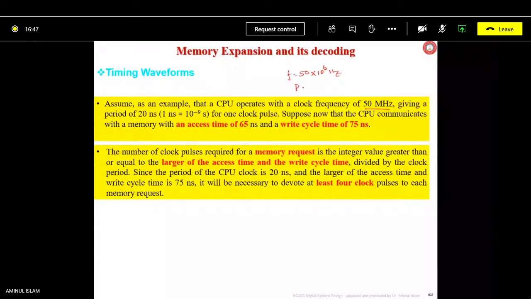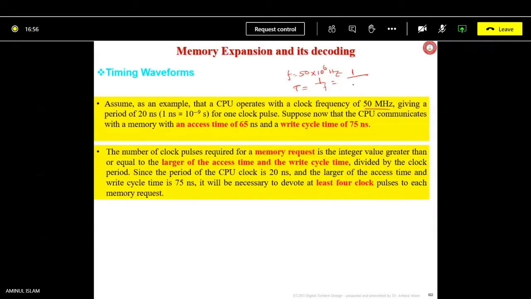The period T is equal to 1 upon f, which is 1 upon 50 into 10 to the power 6 second. Writing it another way, 1 divided by 5 is 0.2, so it is 0.2 into 10 to the power minus 7.